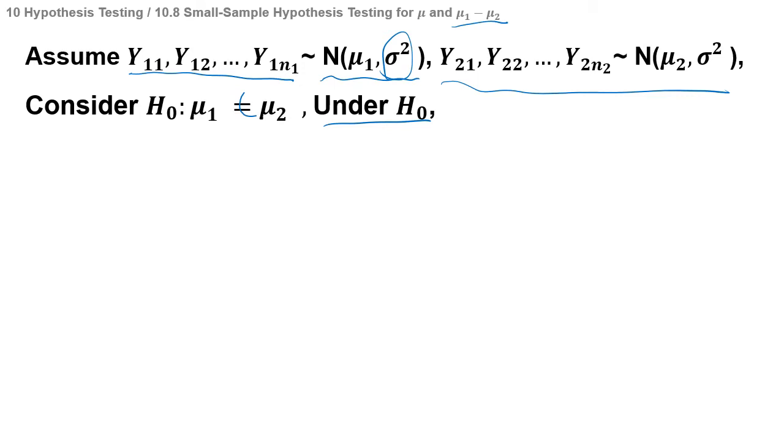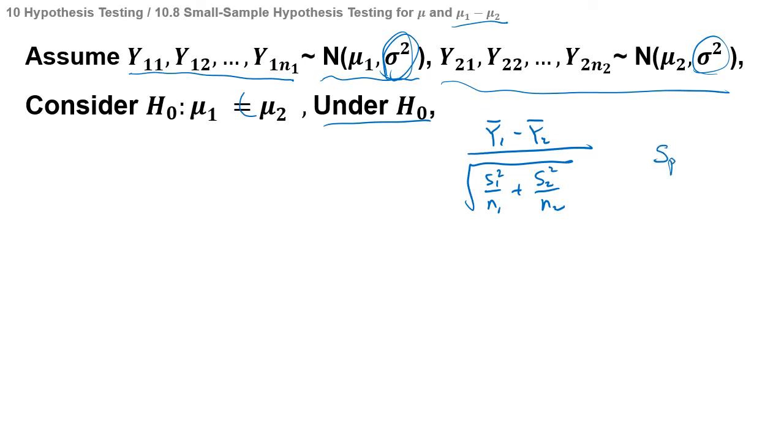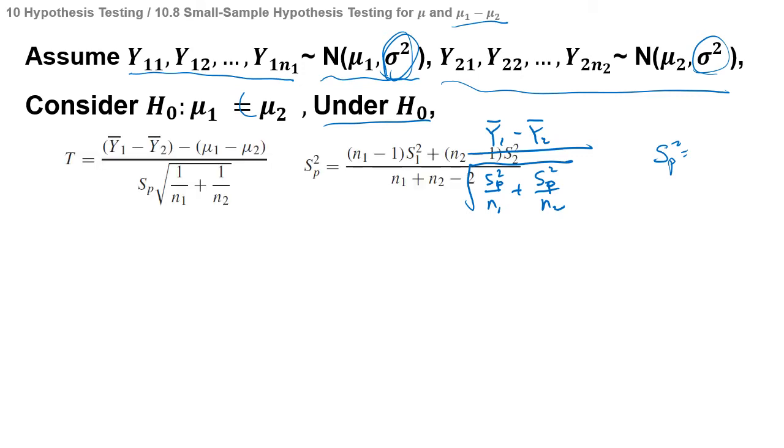Previously, for the large sample case, it would be y1 bar minus y2 bar divided by the square root of s1 squared divided by n1 plus s2 squared divided by n2. Here, in our assumption, we have the same variance, so we use the pooled standard deviation, Sp, as the estimator.